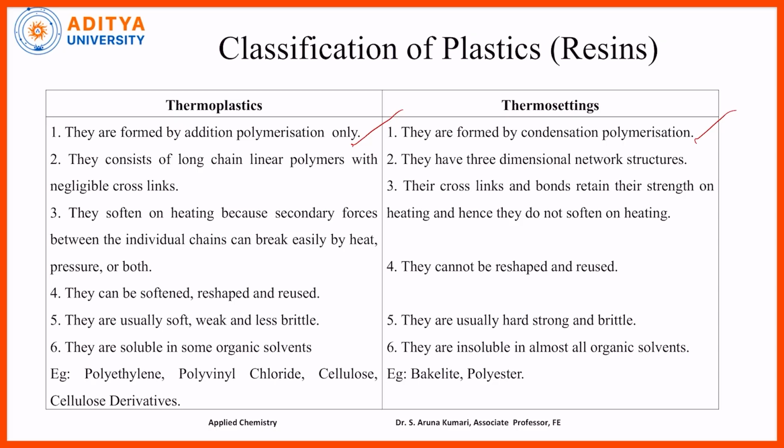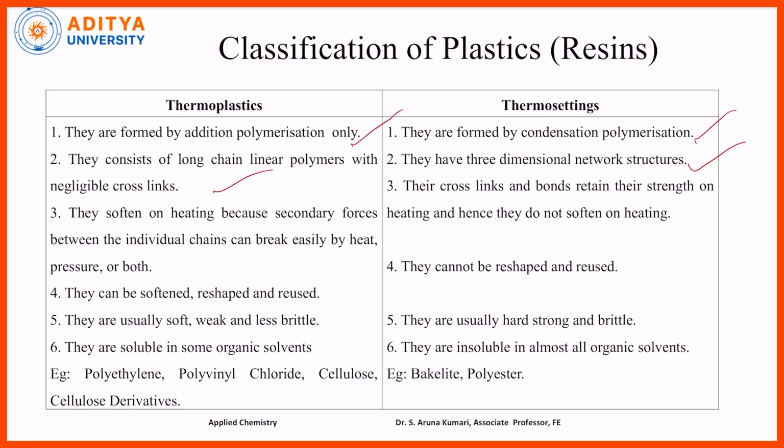The thermoplastics contain long chain linear polymers with negligible crosslinks. The structure of thermoplastic is linear with temporary crosslinks, whereas thermosetting plastics have a three-dimensional network structure.